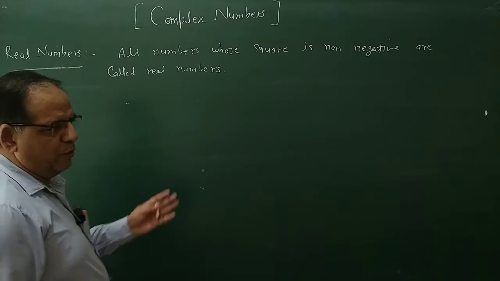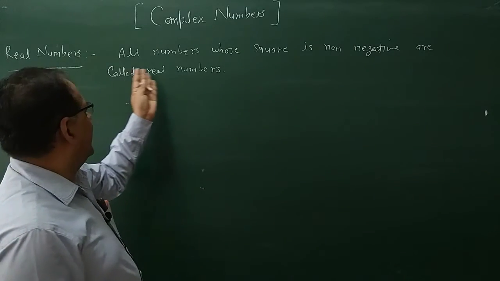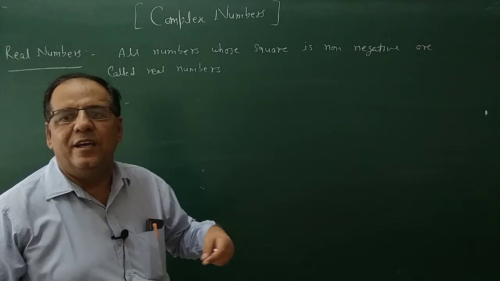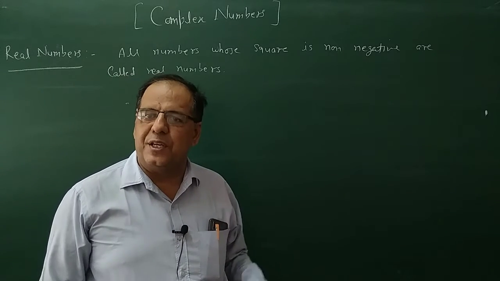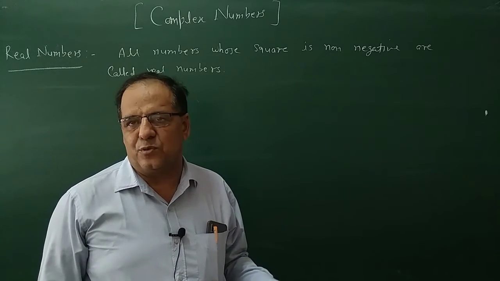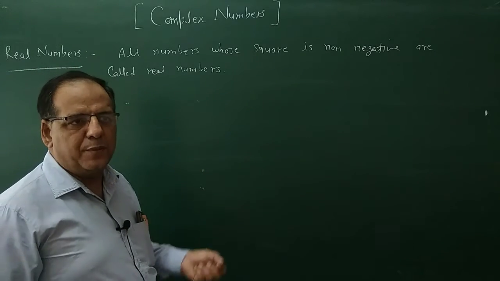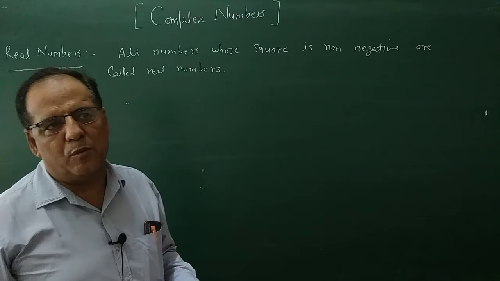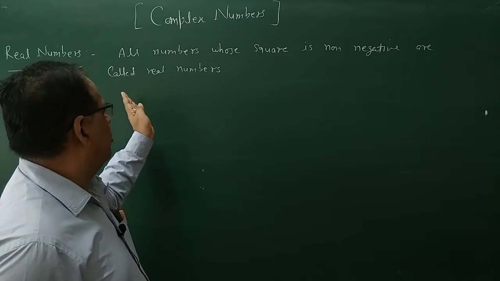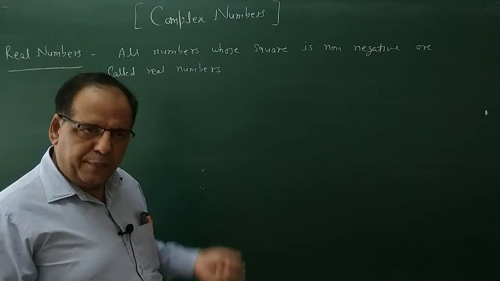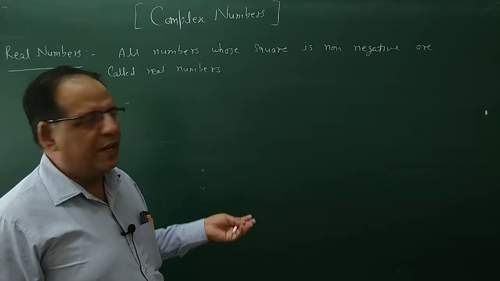Inside these numbers we take rational numbers, irrational numbers, integers, whole numbers, and natural numbers. The numbers may be negative or positive, in fraction form or square root form. Squares may be 0 or positive, never negative.